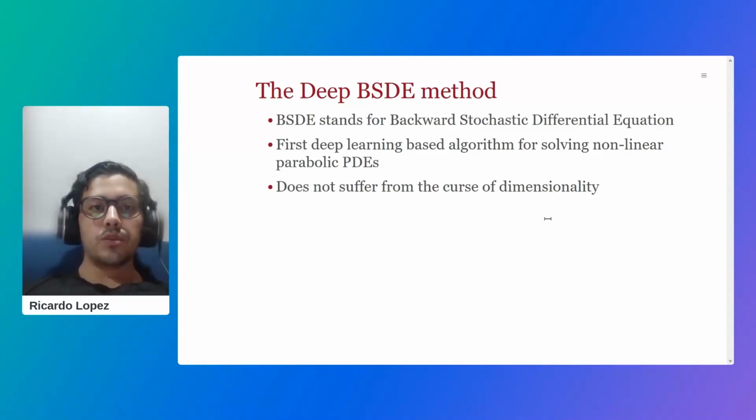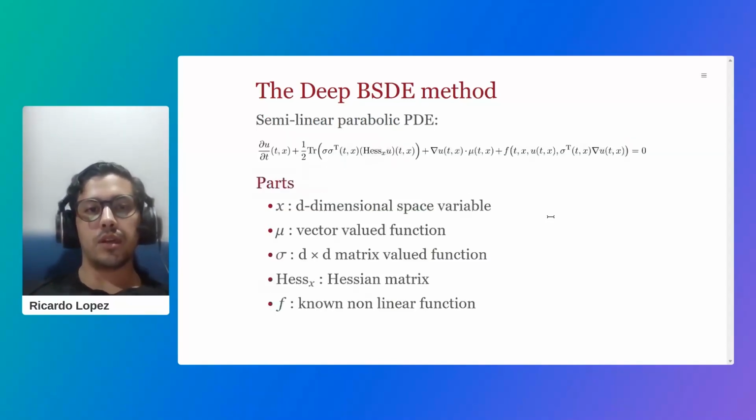So the first one is the deep BSDE method, that stands for backward stochastic differential equation. This method is good for parabolic PDEs, nonlinear parabolic PDEs, and of course it doesn't suffer from the curse of dimensionality.